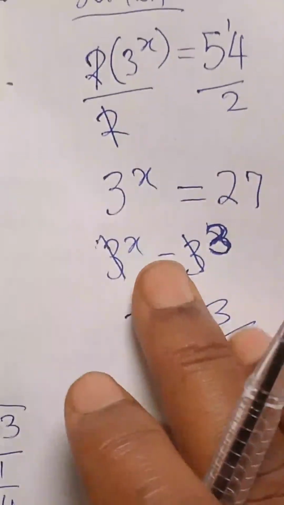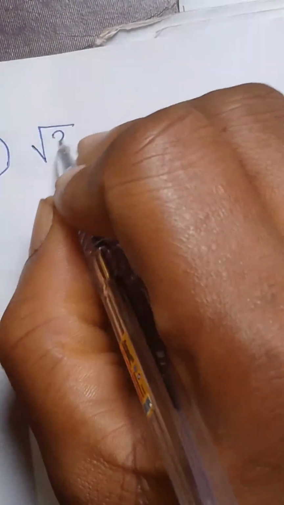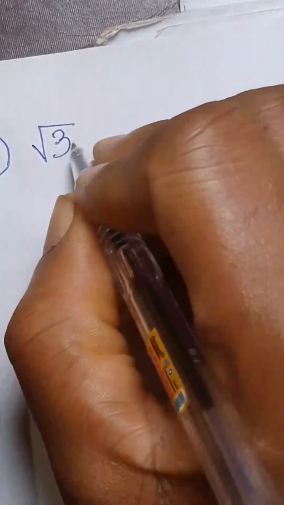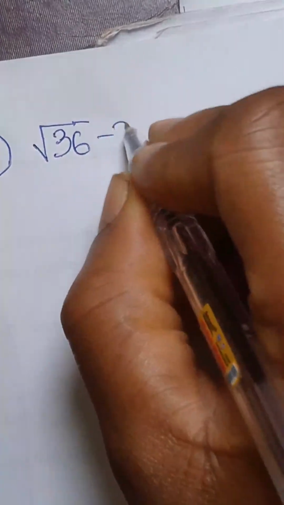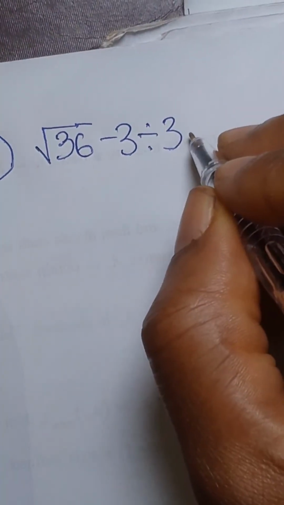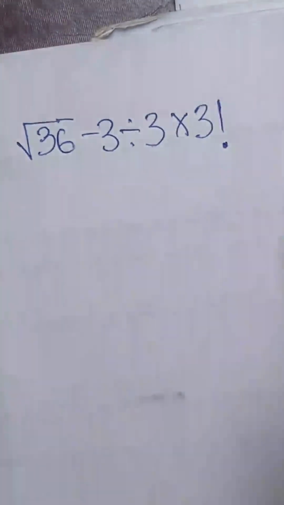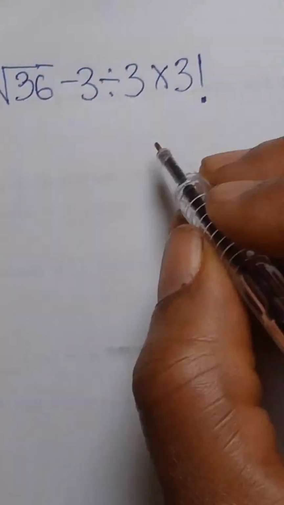So question number 18. Question number 18 says that square root of 36 minus 3 divided by 3 times 3 factorial is equal to what?